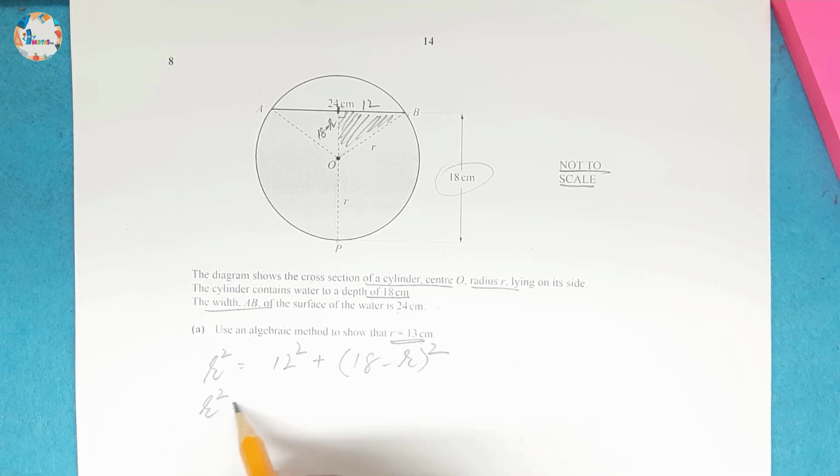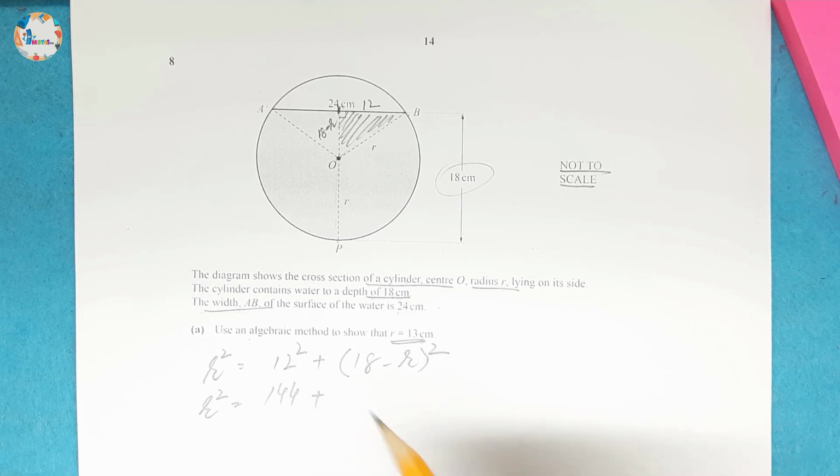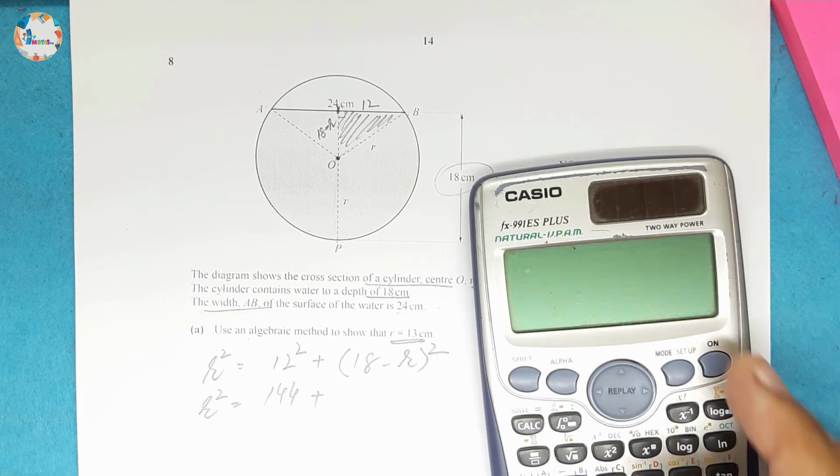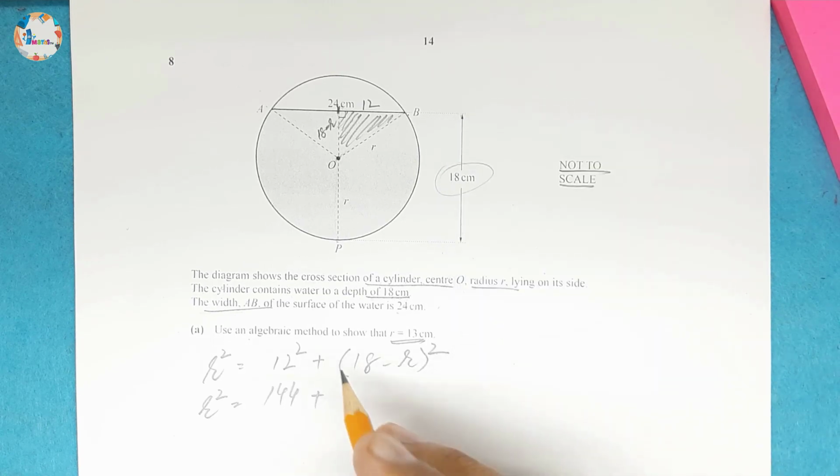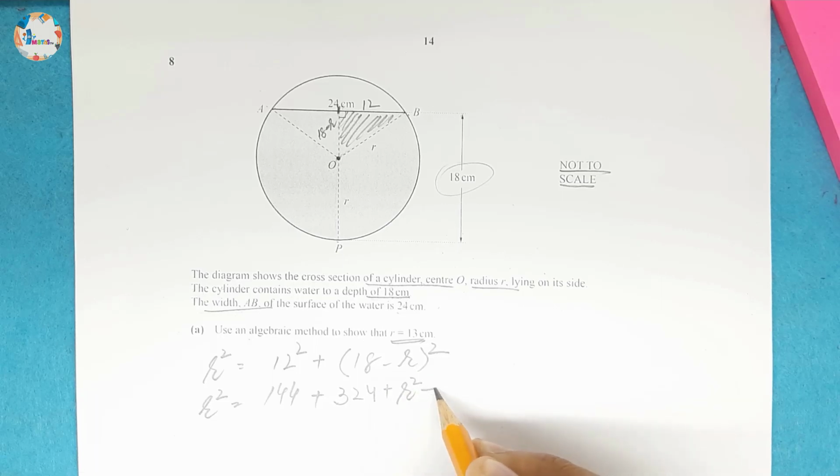This will be r square is equal to 12 square, which is 144, plus 18 square, which is 324, plus r squared minus 2 into 18, which is 36r. This is after opening the square: a square plus b square minus 2ab.